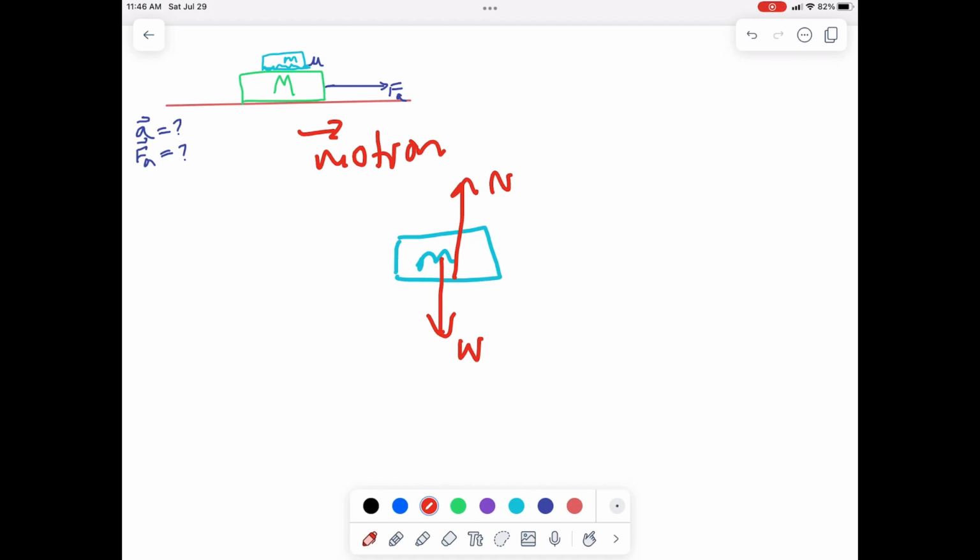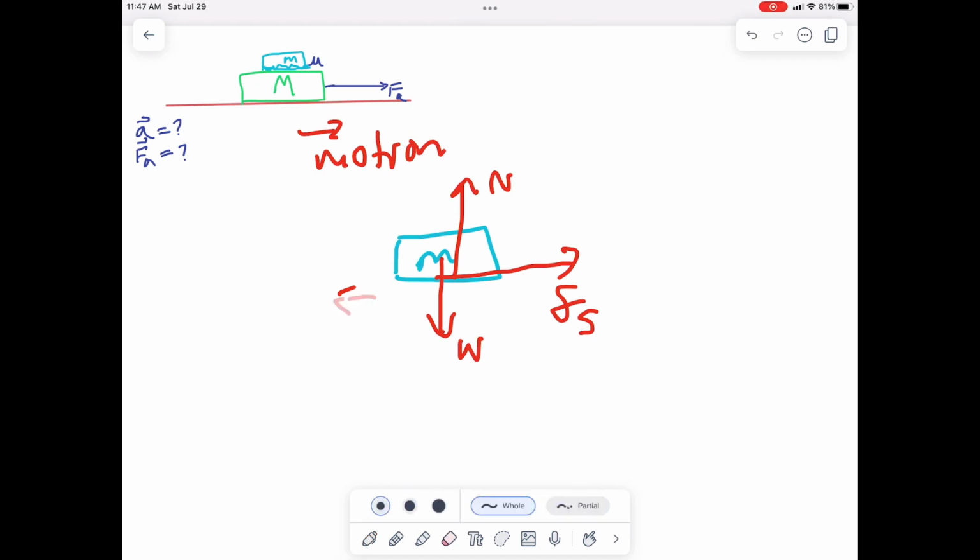So because our block at the top was initially at rest, because of inertia, it'll want to slide in the direction opposite of our motion. So therefore, because we know that friction opposes motion, our direction of static friction will actually be pointing in the direction of the motion of the system in this scenario because of inertia. So that's the direction of our force of static friction only for our block on the top.